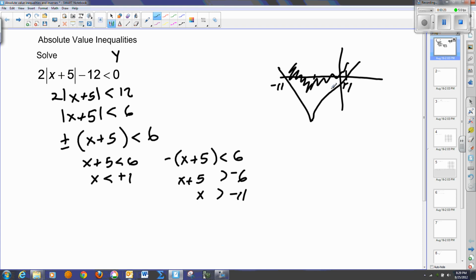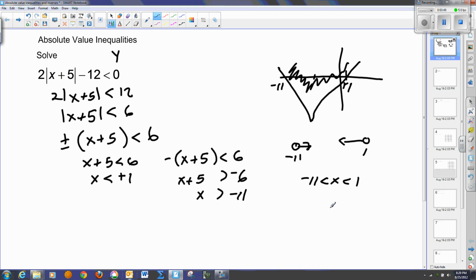Well, again, looking at our graph, we notice these are all the numbers between -11 and positive 1. So here's a graph on a number line, if you will. Now to state this as an inequality, we say these are all values x between -11 and 1.